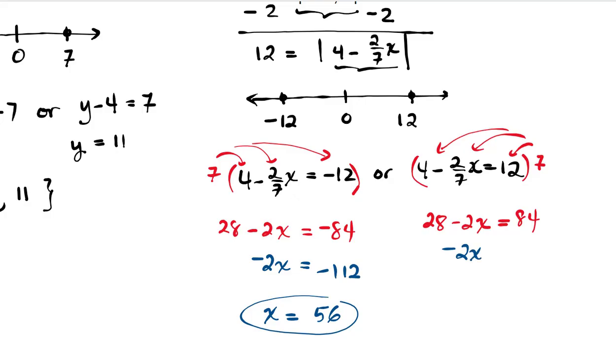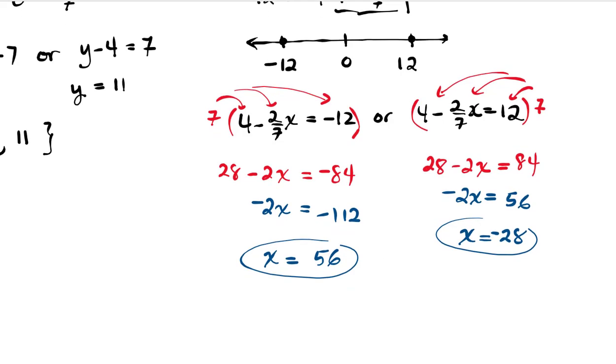We get -2x is equal to 84 minus 28, which is 56. And now divide by -2. So half of 56 is 28, negative. So we have two solutions, and in solution set form, that would be 56 and negative 28.